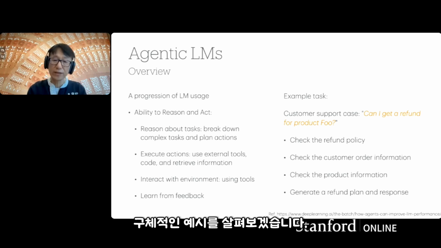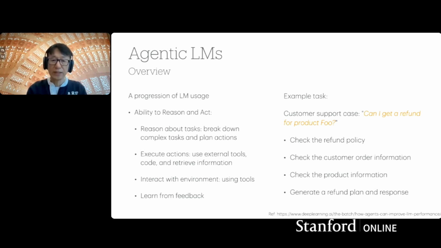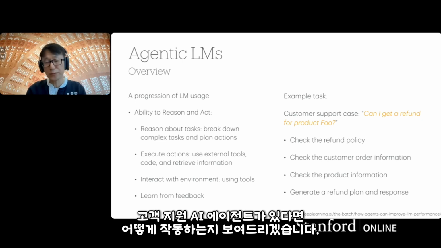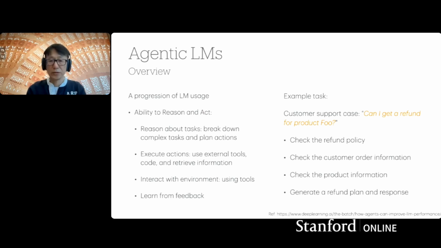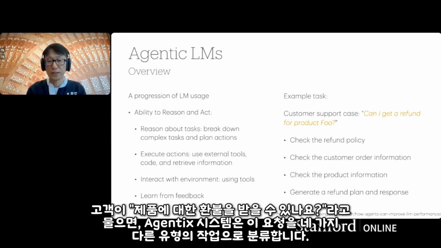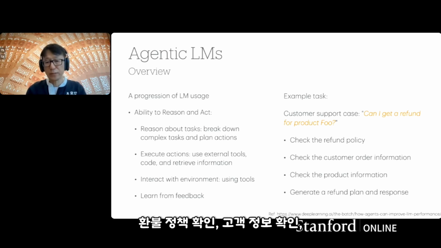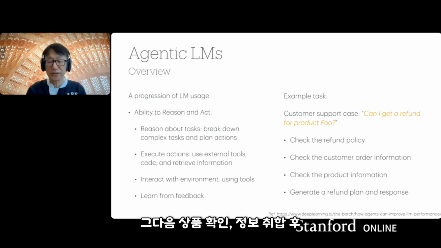So let's look at a concrete example. Suppose you have a customer support AI agent; how might it work? A customer asks, can I get a refund for product full? Then the agentic system will break this request down into the following four types of actions: check the refund policy, check the customer information, check the product, and finally collect everything and decide what to do.